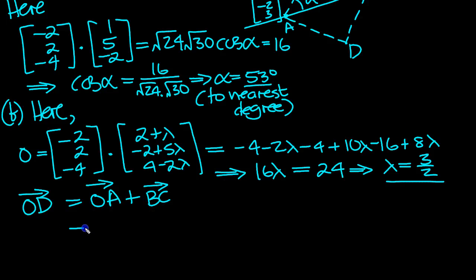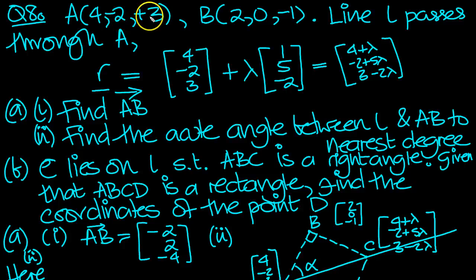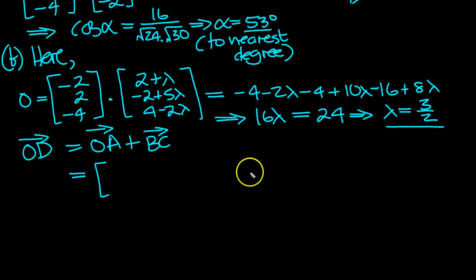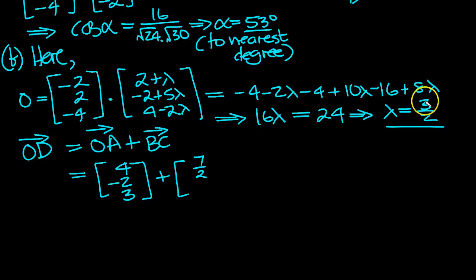OA is 4, -2, 3, as we said before, plus BC. Now BC is this vector with lambda equals 3 over 2, so 2 plus 1.5 is 3.5, which is 7 over 2. Then -2 plus 15 over 2, which is 7.5, gives 5.5, that's 11 over 2. And the next one, 2 lots of 3 is 3, 4 minus 3 is 1.